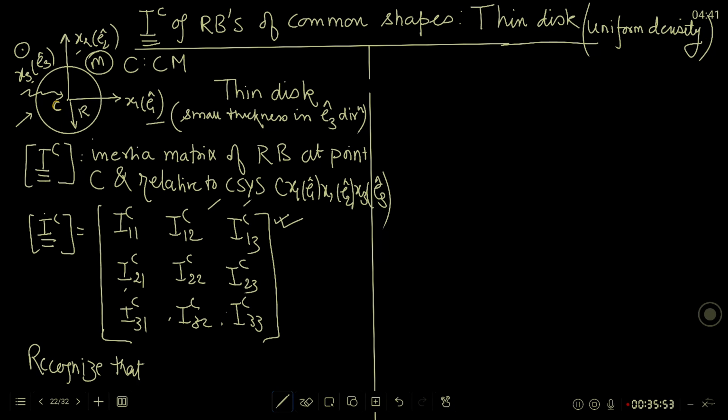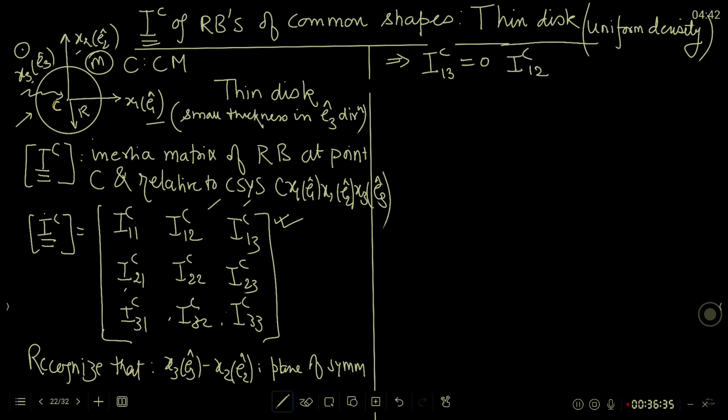It has a plane of symmetry which is x3 e3 x2 e2, right? x3 e3 x2 e2 is a plane of symmetry, which implies what? Which implies that IC13 and IC12 will be 0. x1 e1 is a principal axis.